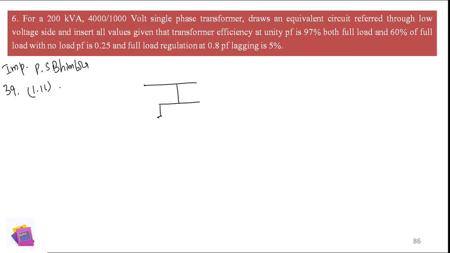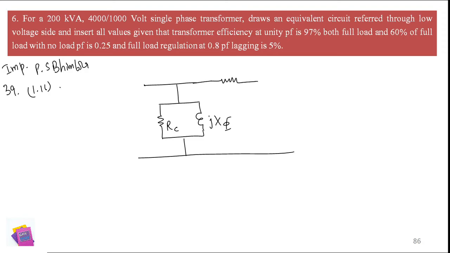So the equivalent circuit diagram is something RC and jXφ. I am drawing the equivalent circuit diagram referred to the low voltage side, and this is R equivalent and jX equivalent. You have to insert all these values with the help of the given data.